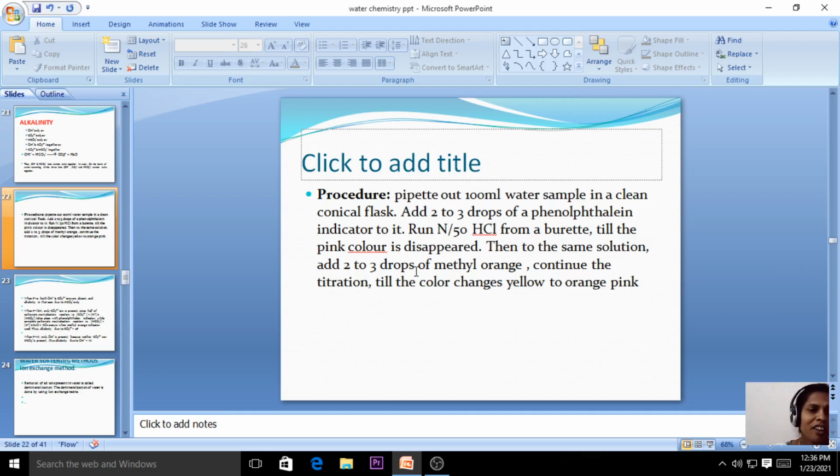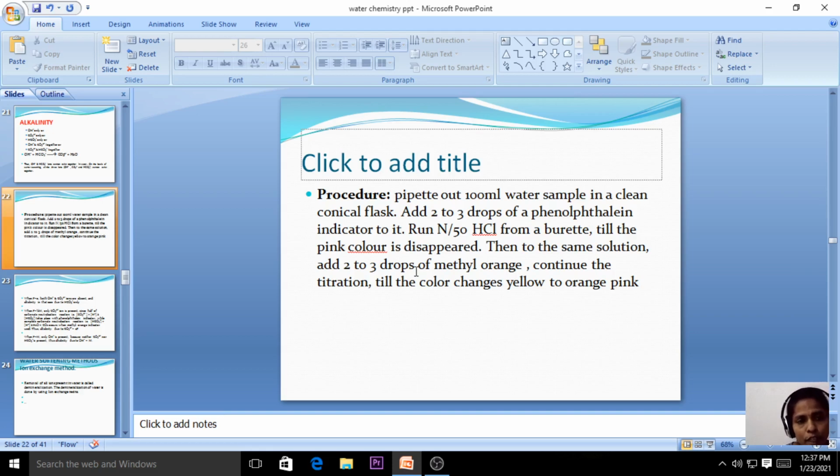If we use methyl orange, we can get total alkalinity, but we can't identify carbonate alkalinity separately and bicarbonate alkalinity separately. Our aim is to identify carbonate alkalinity separately and bicarbonate alkalinity separately. So we have one possibility: to use two indicators, phenolphthalein and methyl orange. What is the use of phenolphthalein? Is it identifying complete carbonate? No. Phenolphthalein is identifying half of the carbonate.